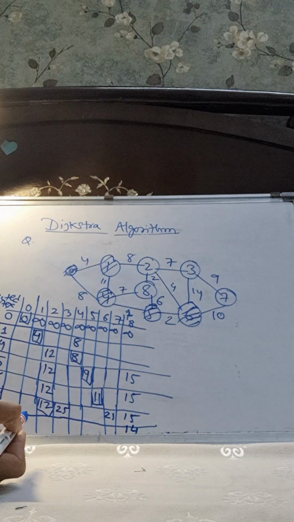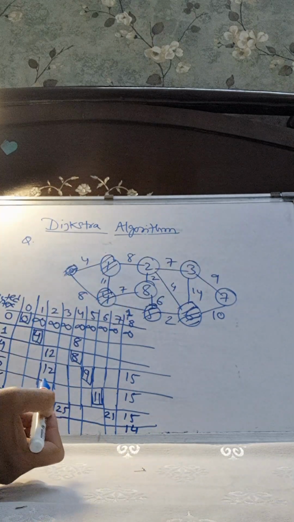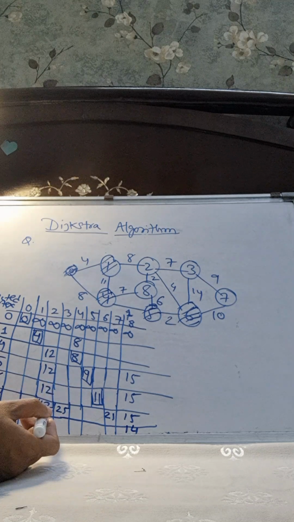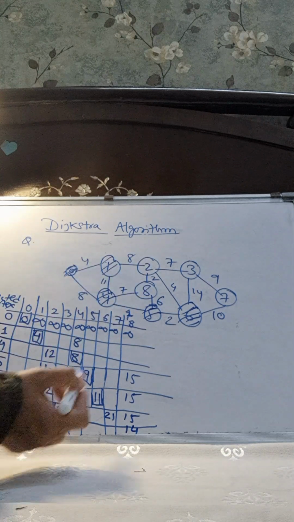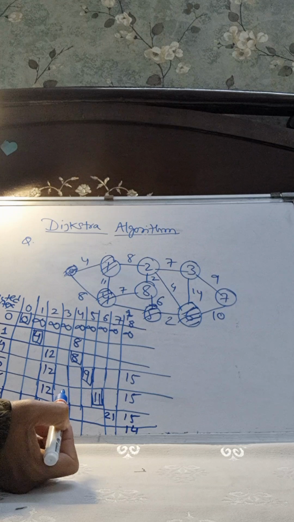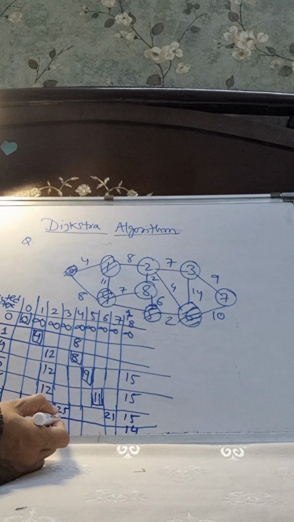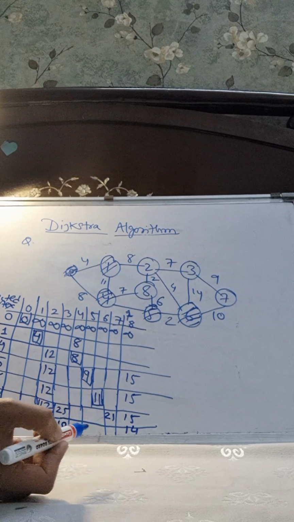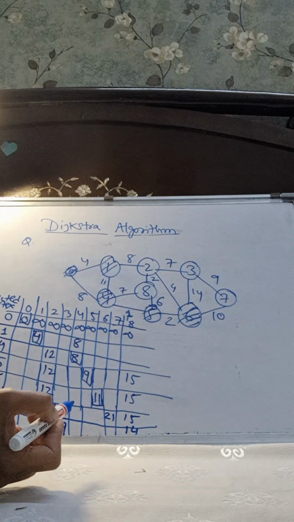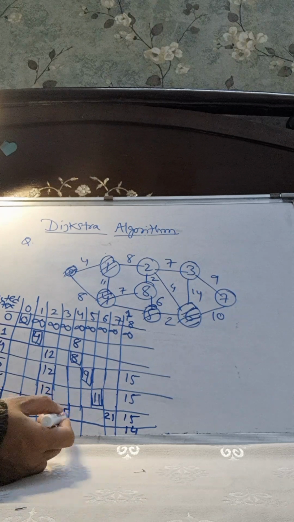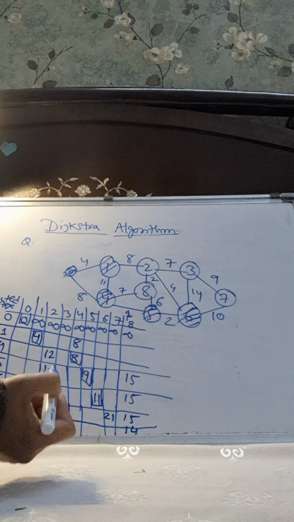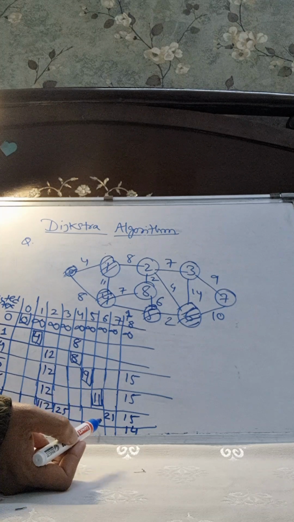Fine. From 2 we can go to 3 also. Till 2 it's 12, and 12 plus 7 is 19. The current cost is 25. We are getting a better cost, so we'll update it. So the cost of reaching 3 will be 19 now. Fine.